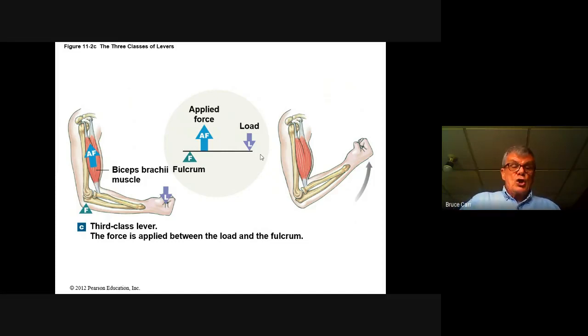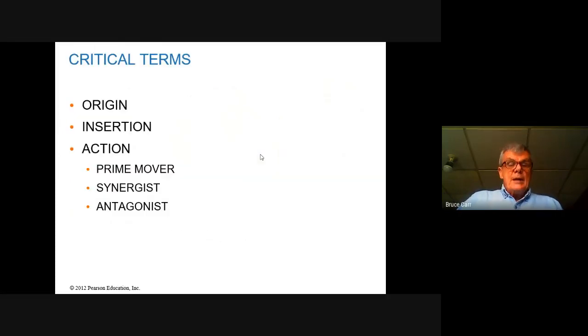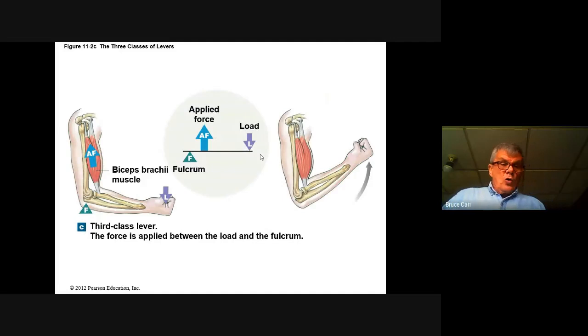In this case, a third-class lever and the biceps brachii. Those three mechanical explanations are just a connection to the general science, not necessarily the living science, but the rules of mass and movement, of leverage and gravity that apply to our skeleton and muscles and our movement every day.